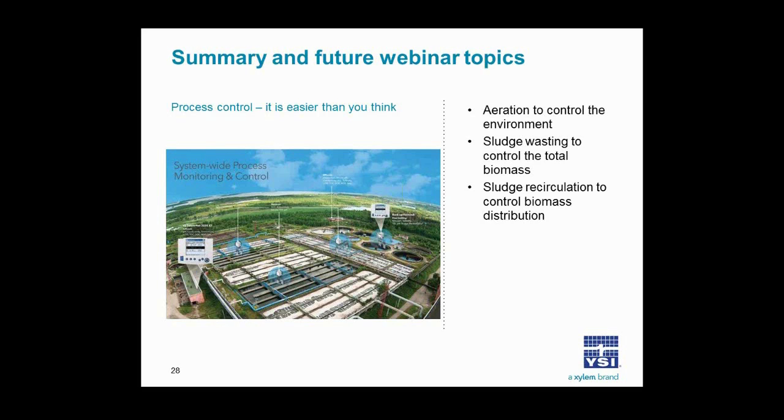So for example, let's take the case where, this is a perfect question, you're operating your oxic zone at 6 milligrams per liter. And when it leaves the clarifier, you're still at 4 milligrams per liter. So that return activated sludge is going back to the anoxic zone with 4 parts per million of dissolved oxygen. That is going to eat up your anoxic zone volume, if you will.